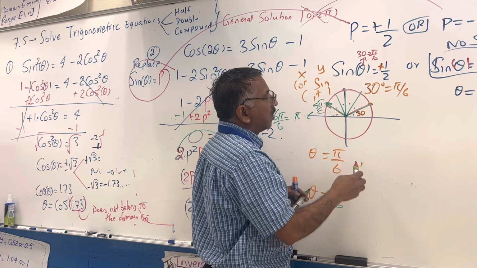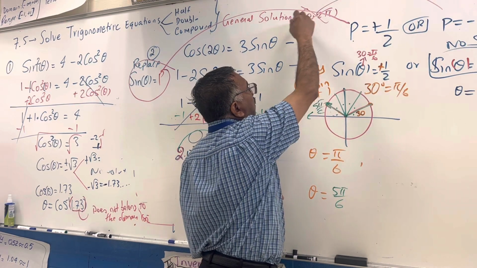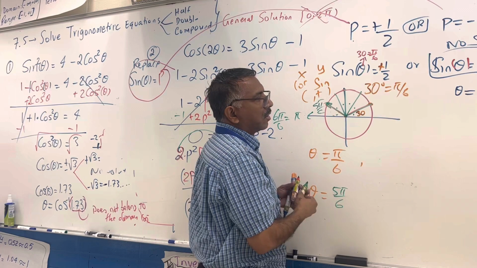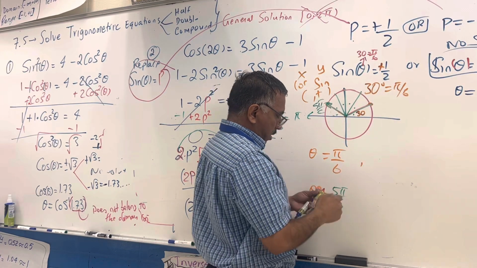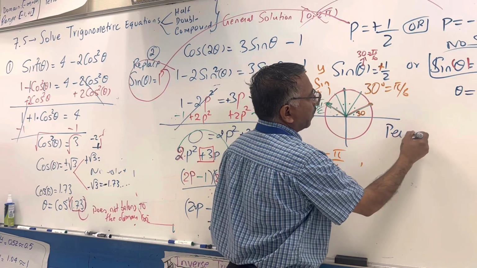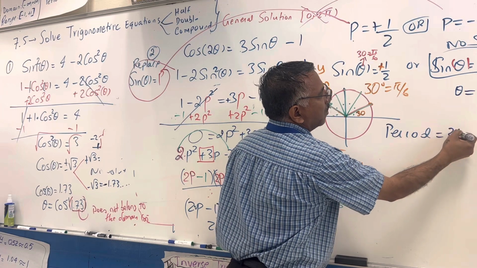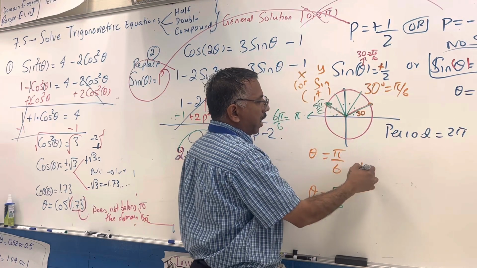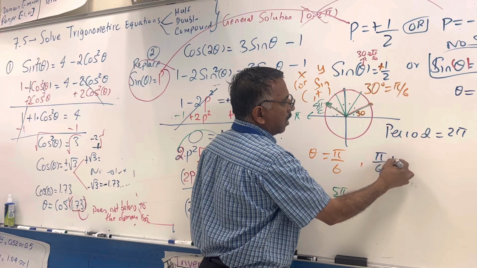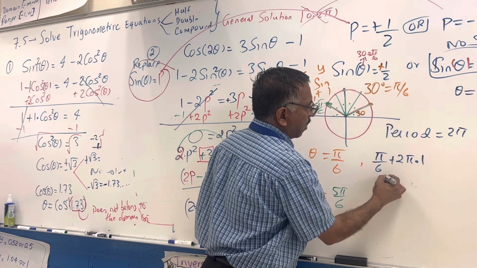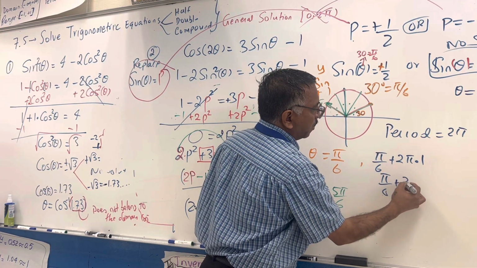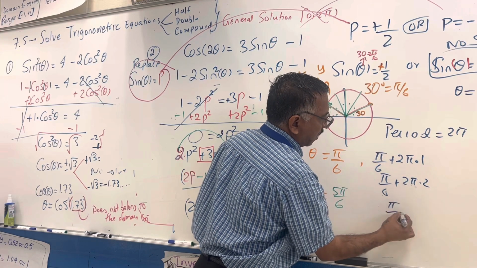And you want to write a general equation. Because the period of sine is 2 pi, we keep adding: pi by 6 plus 2 pi times 1, pi by 6 plus 2 pi times 2, and so on.